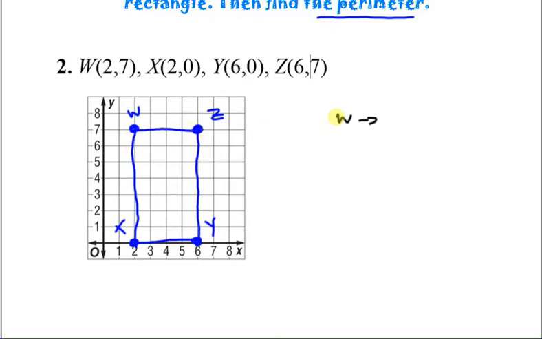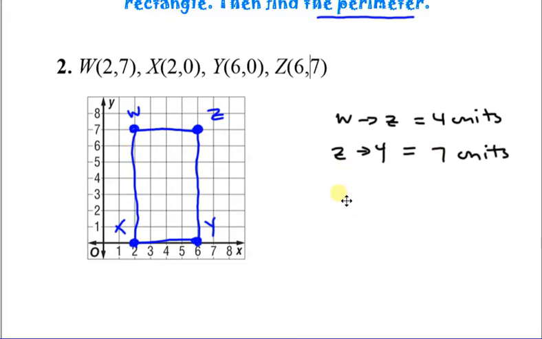So we're going to do W to Z. That's 1, 2, 3, 4 units. Then we have Z to Y, and that's going to be 1, 2, 3, 4, 5, 6, 7 units.